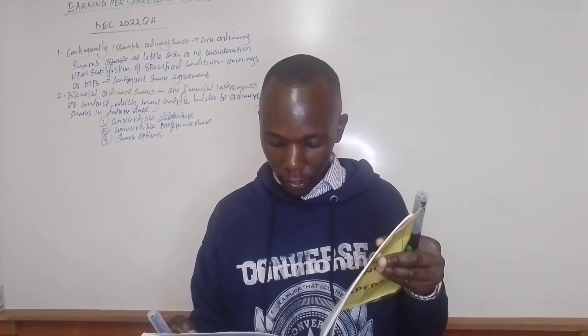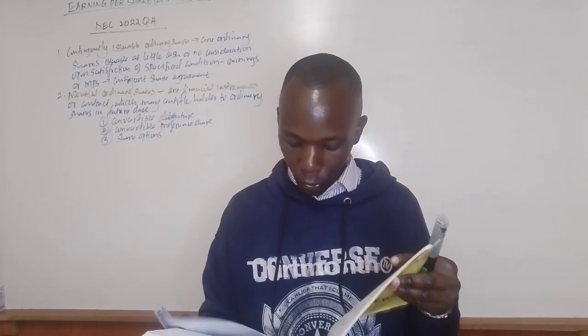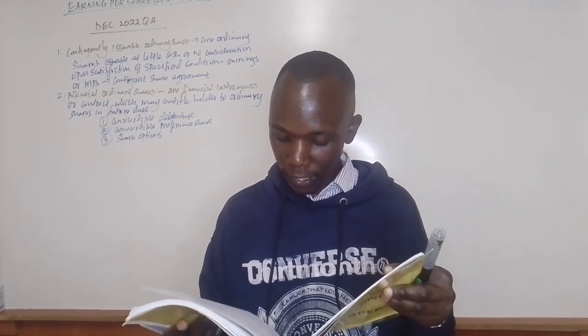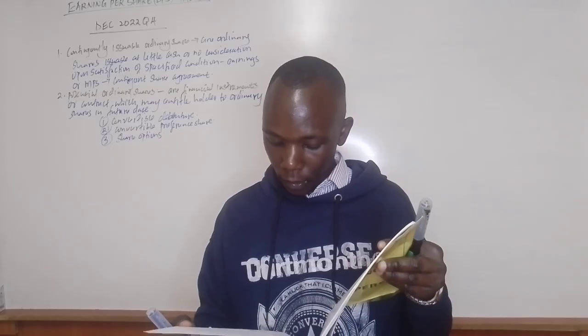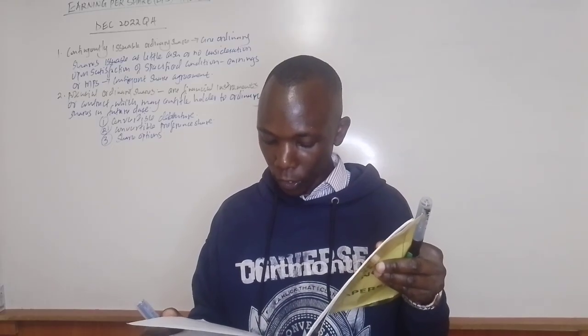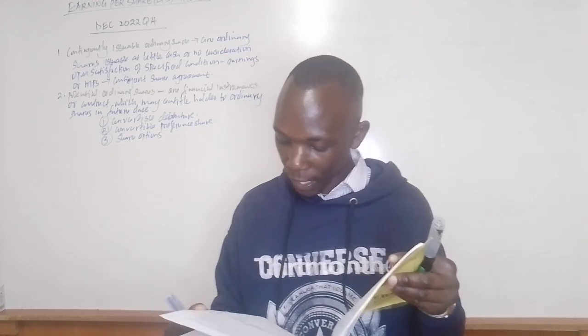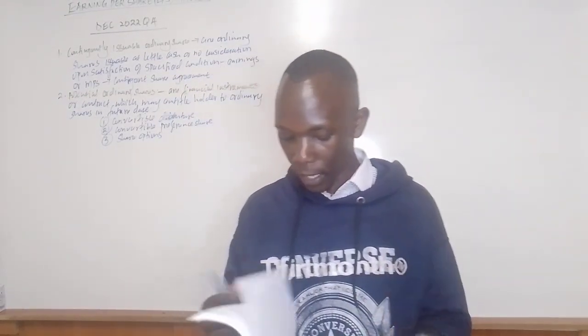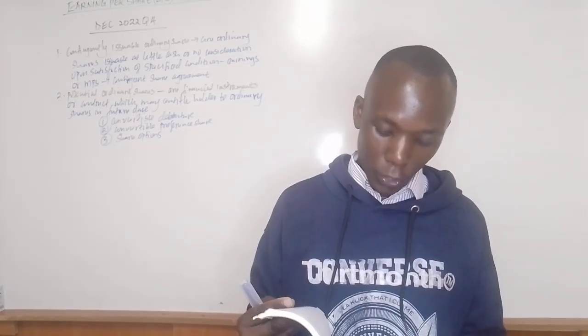Then the trading results of the company were as follows. You are given the profit for the year after tax. For the year ended 30th September 2022, it was 3,612 in shillings thousands, and for the year ended 30th September 2021, you are given a figure.